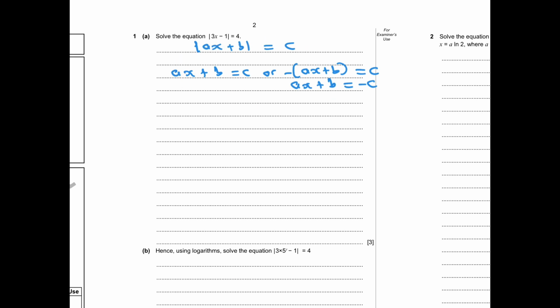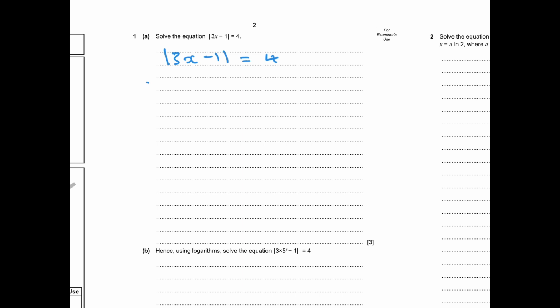So looking at our equation, what are we having? Okay, let me erase what I just said here. I'm having the modulus of 3x minus 1 is equal to 4. So applying the definition, what does that become? It becomes 3x minus 1 is equal to 4, or 3x minus 1 is equal to negative 4.